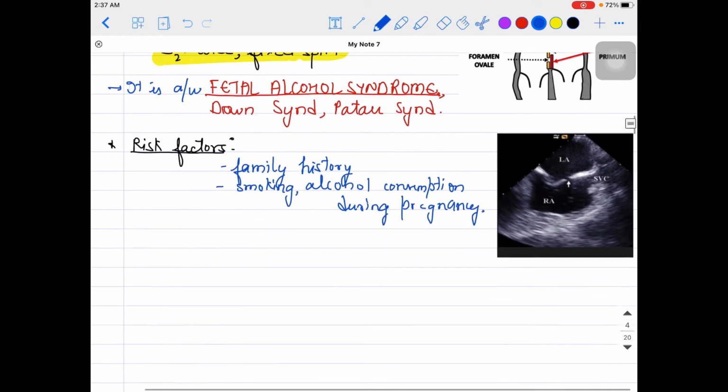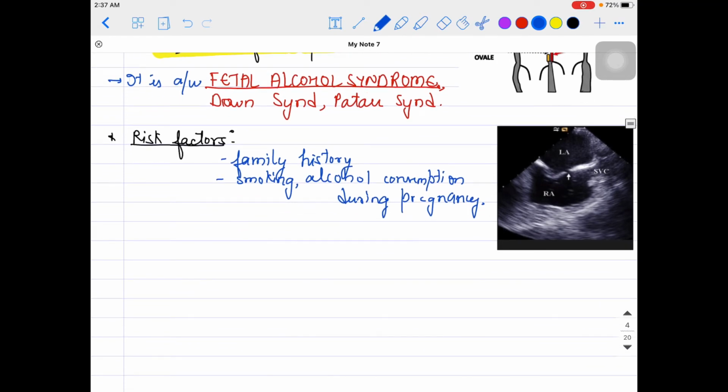Then what could be the presentation? The presentation can be asymptomatic, as I told you, in some of the children, and later on they might present with some symptoms, right? So usually it is asymptomatic in the childhood period, which you need to understand.